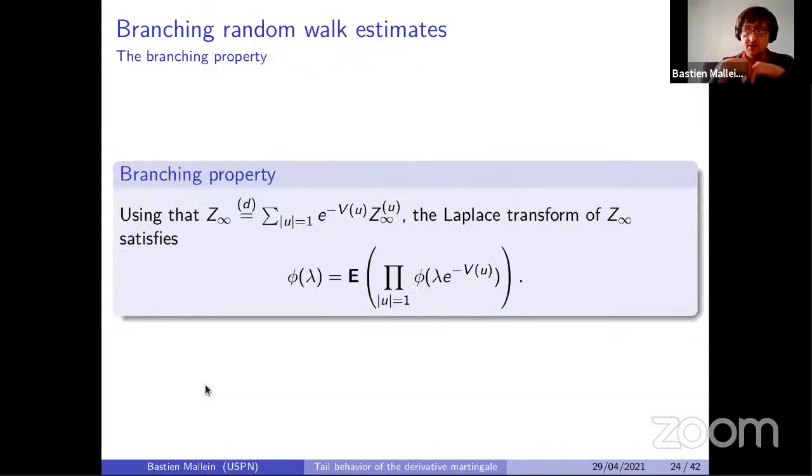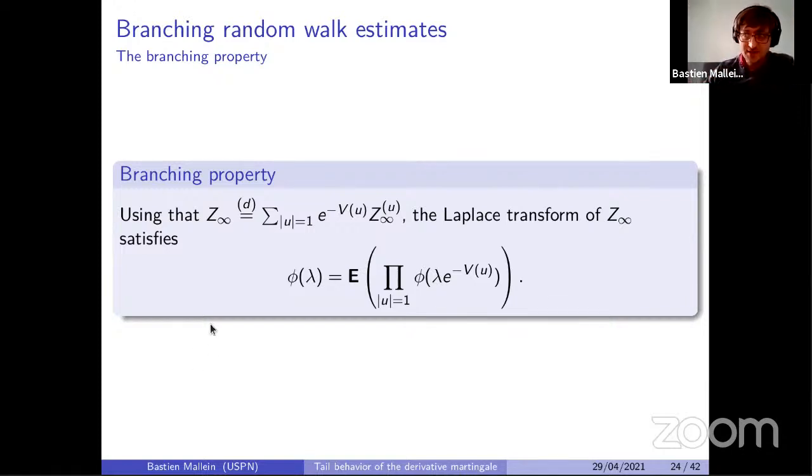Now what we use here is the branching property. We know that Z infinity is the limit of the derivative martingale, but we also know that the branching random walk is a step of branching random walk, and then each particle starts an independent branching random walk from its current position.